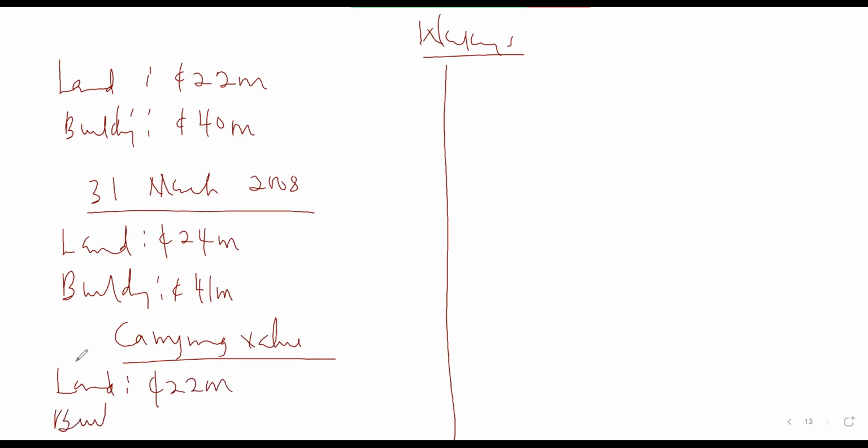Building will be the cost less accumulated depreciation. So that will be 40 million minus 40 over 40, because this was done a year after. So the building carrying value will now be 39 million. Are we okay? That's nice.